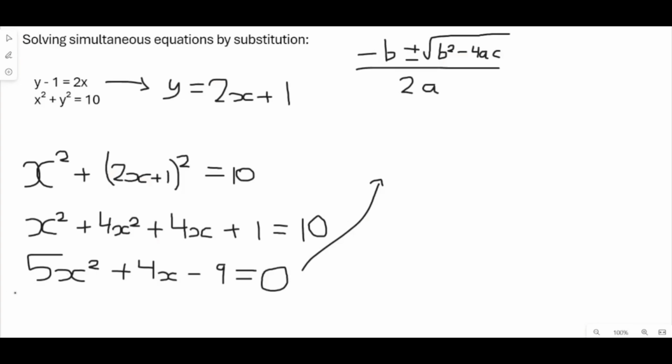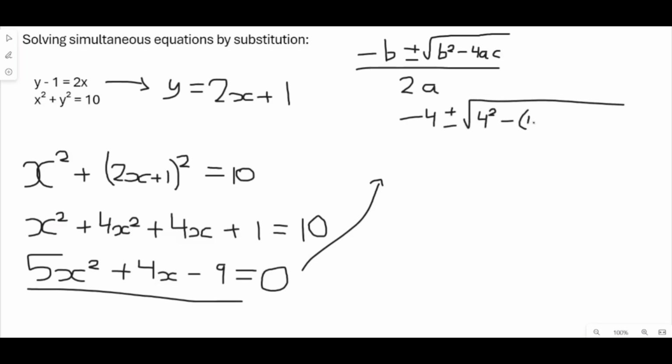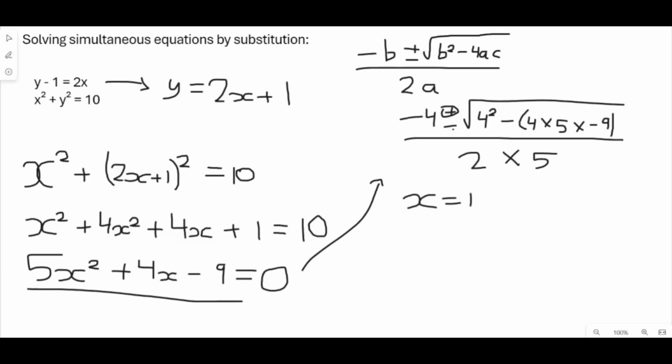And so now what I'm going to do is take the values from down here and substitute them into the quadratic formula. So if we do this and we focus on the plus over here, then this just comes out to be 1, so x equals 1. But then when we do it with the negative, it actually comes out to be minus 1.8.